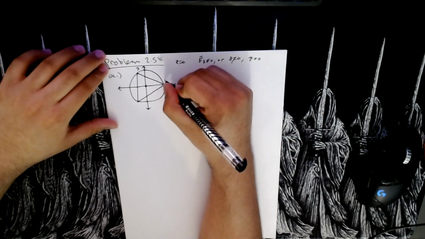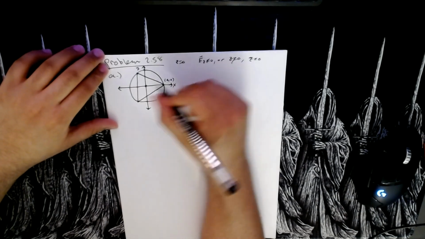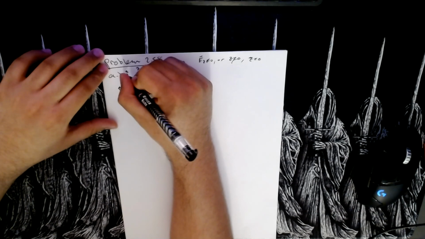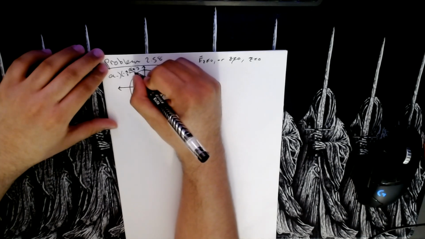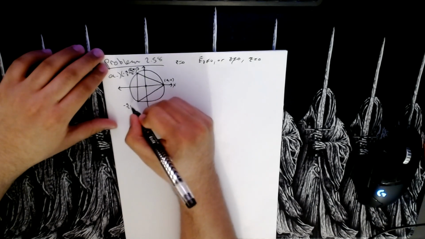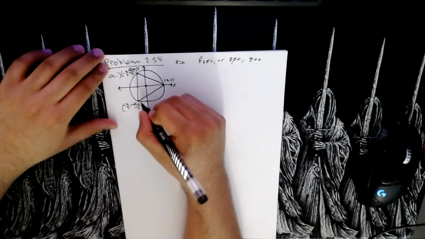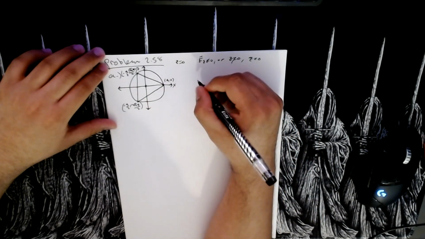From here we can see that our coordinates will be something like this. This point is going to be negative a half, 3a over 2. This point is going to be negative a half, negative 3a over 2. Let me write up these coordinates so you can see them.